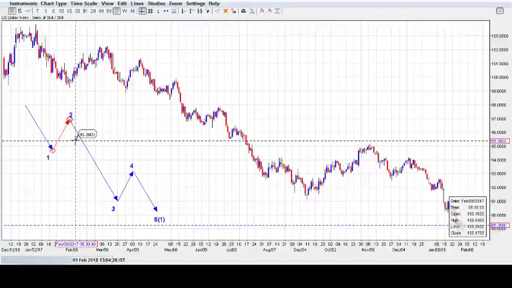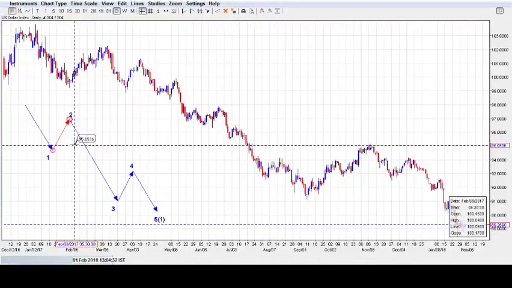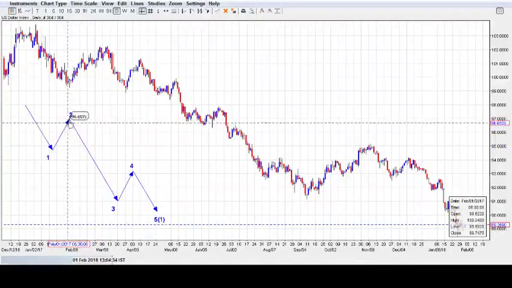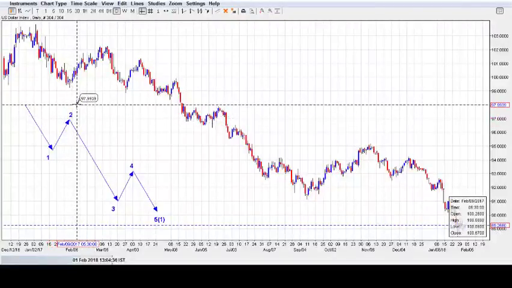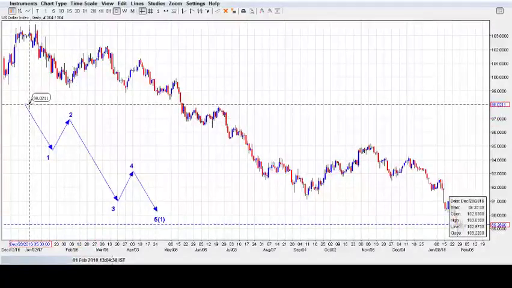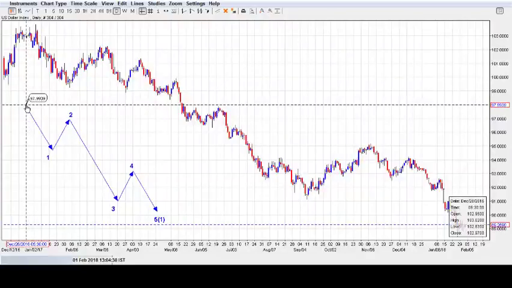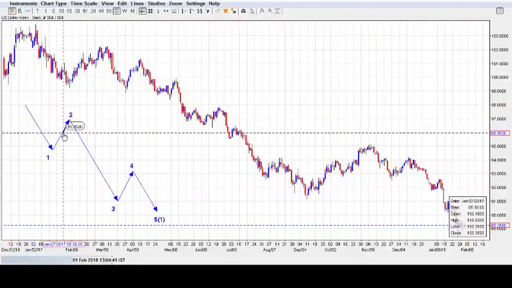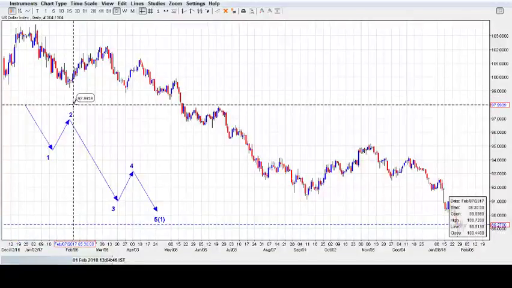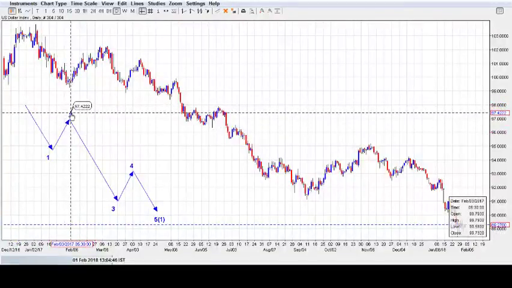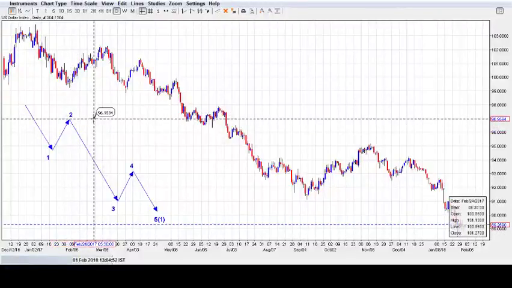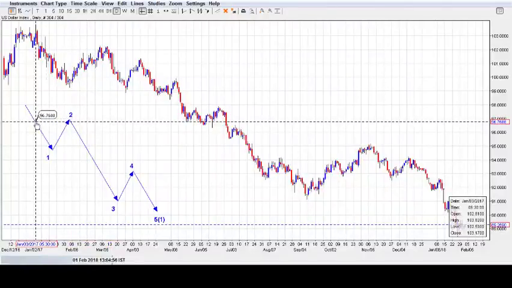That is a characteristic or guideline you need to strictly follow. The termination point of wave 2 cannot be above or beyond the initial point of wave 1. If it is doing that, then it's doing something else. It's not carving out a second wave. So that's the second guideline.